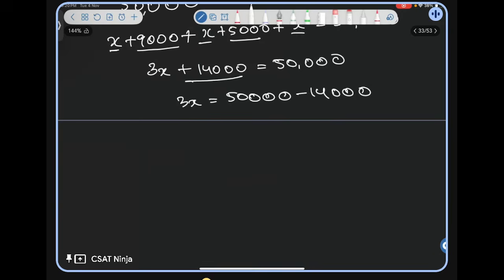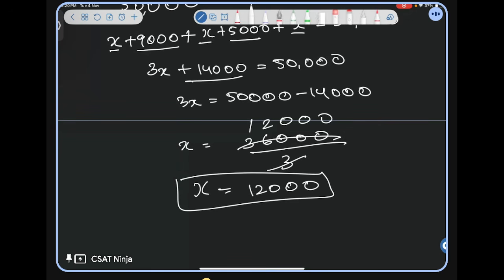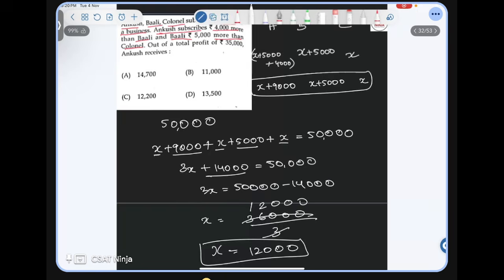Let's solve this one. X will be equal to, if we subtract, 10 minus 4 is 6, and 4 minus 1 is 3, so 36,000 divided by 3. 3 1s are 3, 3 2s are 6, so X value is 12,000. X was C's investment.